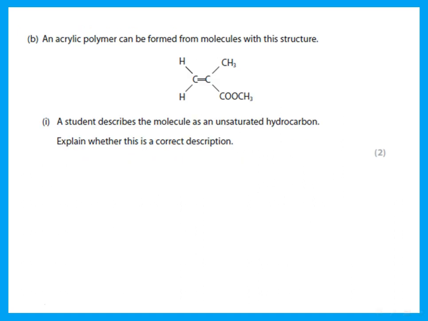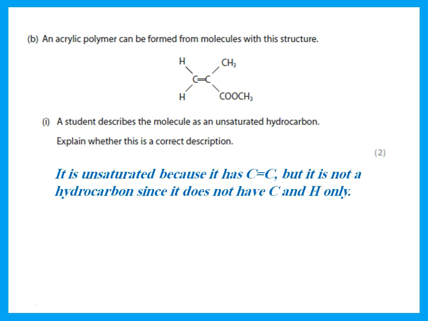An acrylic polymer can be formed from molecules with this structure. A student describes the molecule as an unsaturated hydrocarbon. Explain whether this is correct. Well, let's see. What does unsaturated mean? Unsaturated means it has a C double bond C. So this is correct.